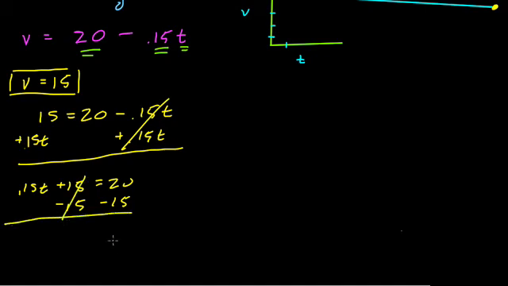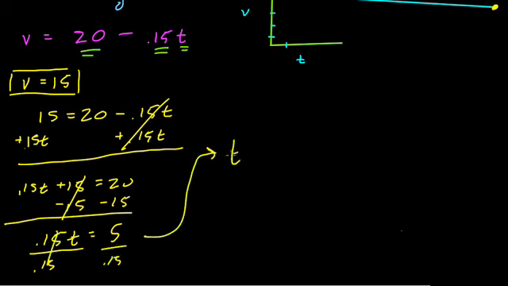That cancels out, and 0.15t equals 5. So we divide both sides by 0.15, and that'll give us our answer. So t is equal to 5 divided by 0.15, so 15 hundredths.